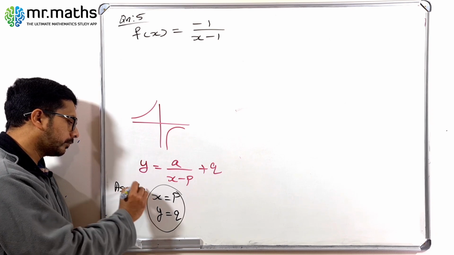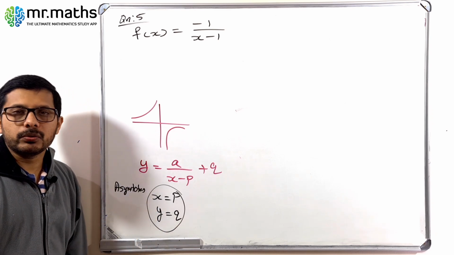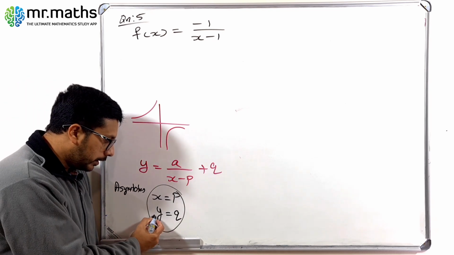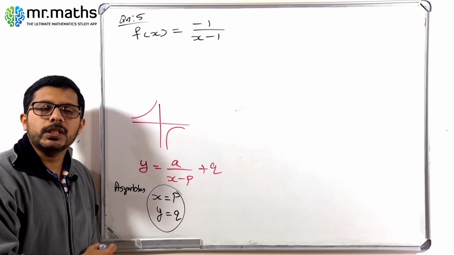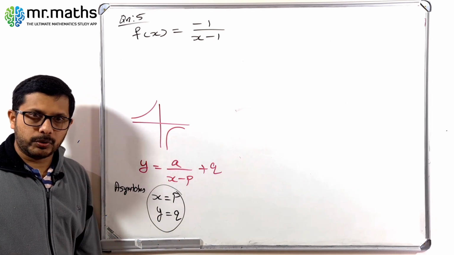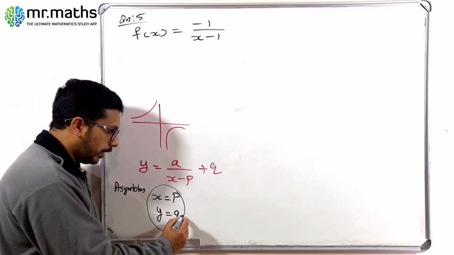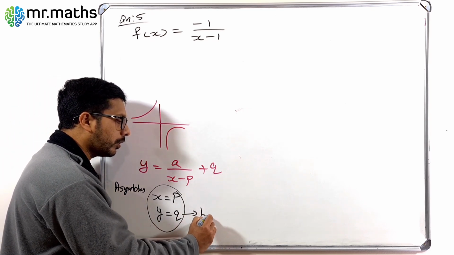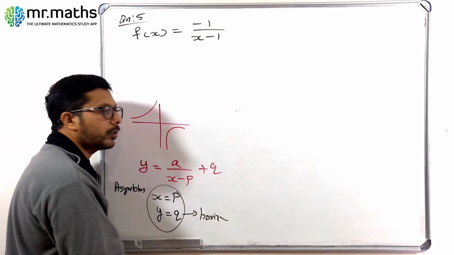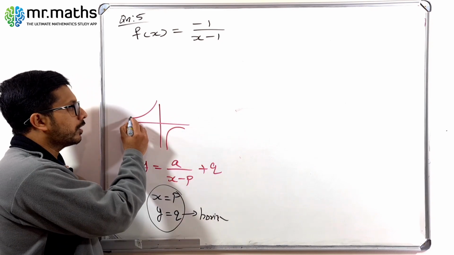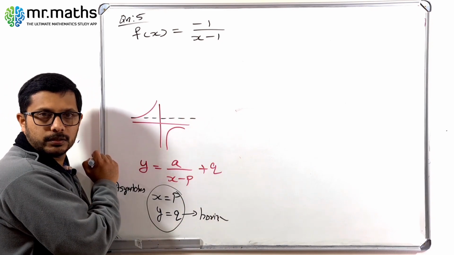Okay, so now here you have to understand one thing, this y is equal to q is the horizontal asymptote. What is the meaning of horizontal asymptote? Horizontal asymptote means like this.